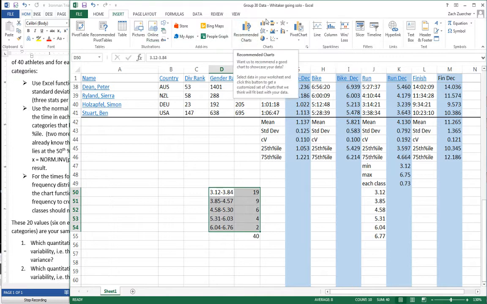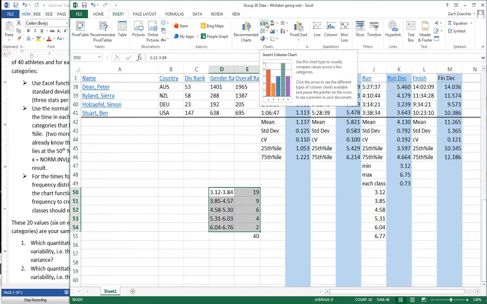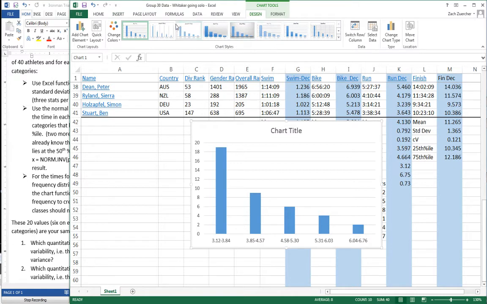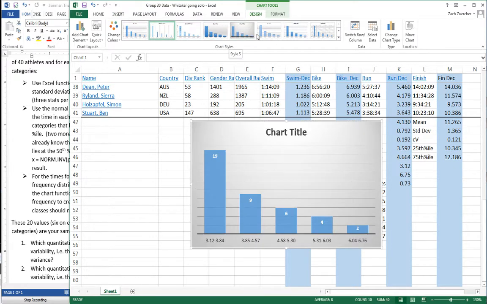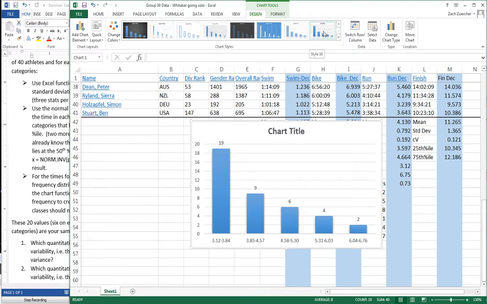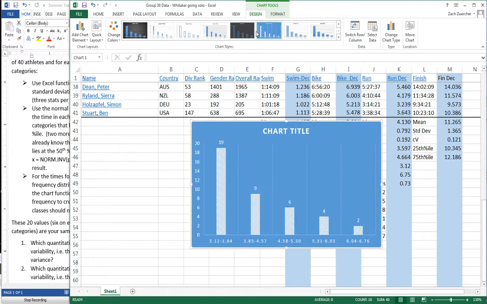and come over here to the charts. Okay, we're going to want a histogram, so we'll take one of these. So click on here, and we want ours to look something like, ooh, I want the bars to be touching. So let's start with that and see what we can get. Up here we've got some options. What's down below? Oh, nice. So pick one that you like.